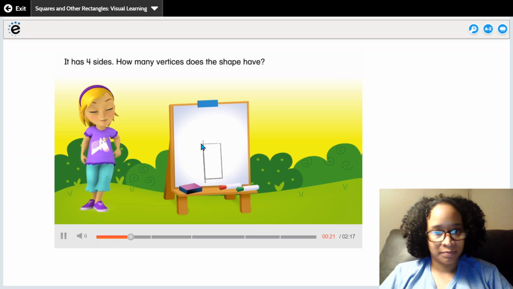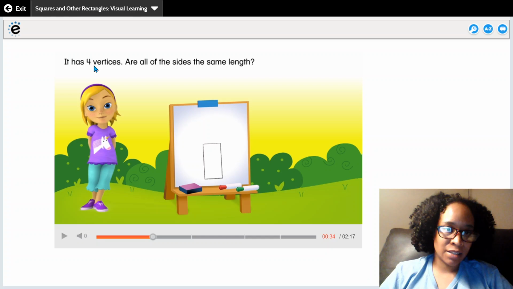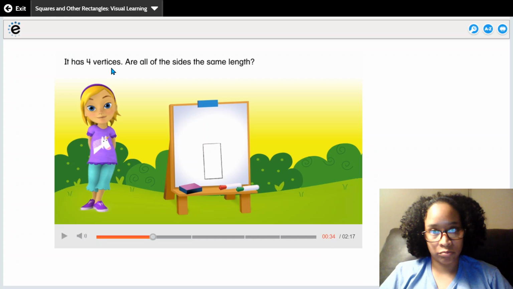Now you just heard a new word. You not only heard sides, which you already knew when you're counting the sides of shapes, but you heard the word vertices. That's this V word right here. Vertices is just another way of saying corners. So they asked you how many vertices does this rectangle have?